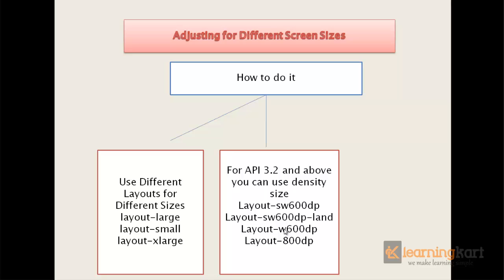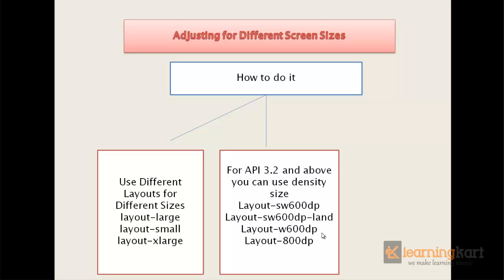Whereas in case of width you can't use land, because you can specify a different width for the landscape mode. I can say W600 for portrait and W1200 for landscape mode. So this is how we have different screens.